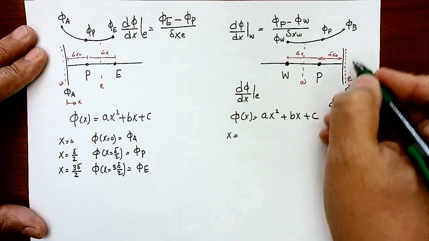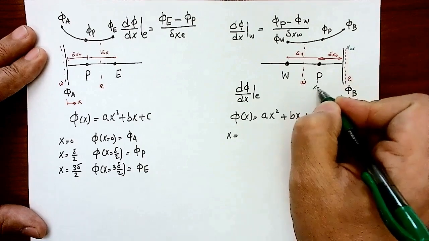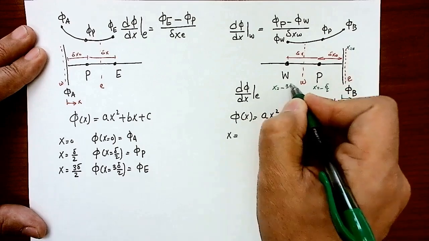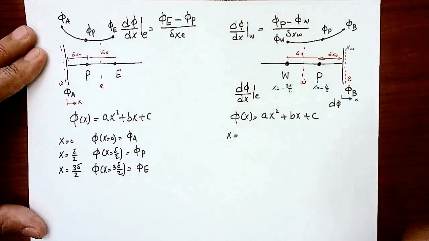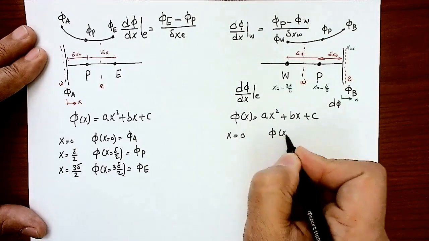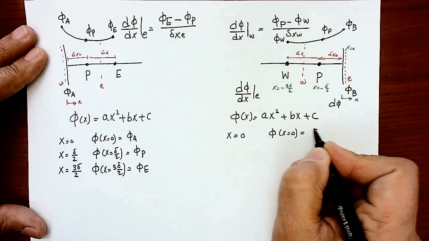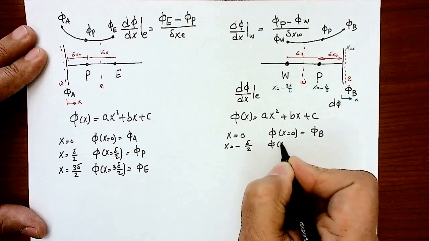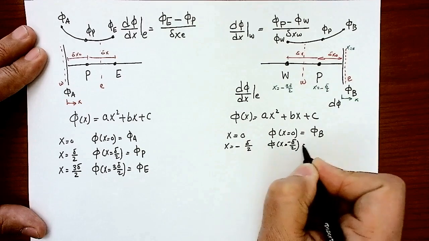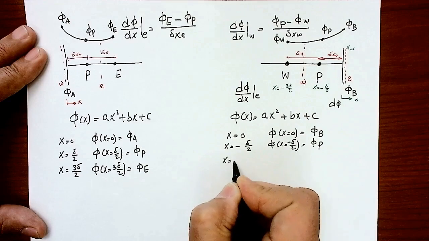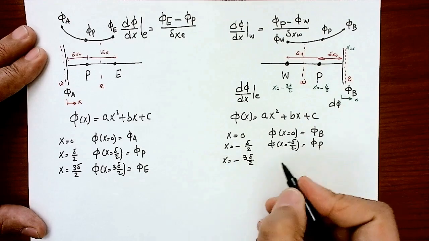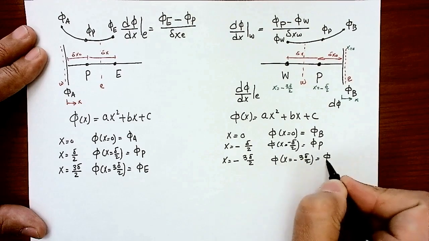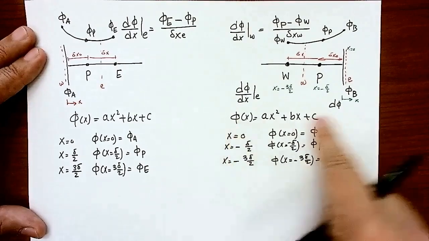This is my x coordinate, so x equals 0 here. x equals minus delta over 2 for the point P, and x equals minus 3 delta over 2 for that node. So at x equals 0, phi should equal phi B. At x equal minus delta over 2, phi is simply phi P, and at x equal minus 3 delta over 2, phi is simply phi west. Now, with three boundary conditions, I can get the three coefficients.